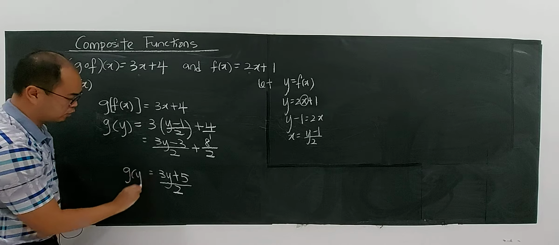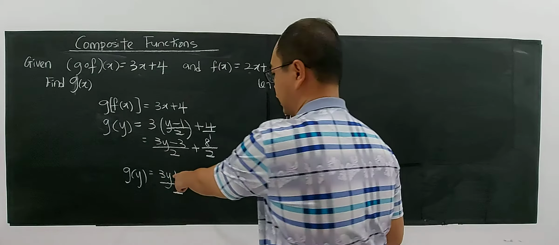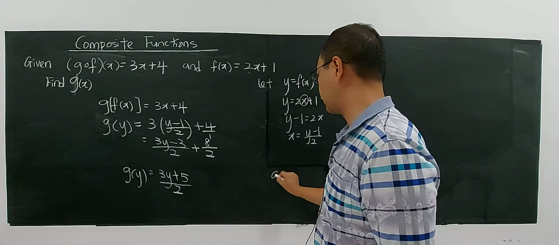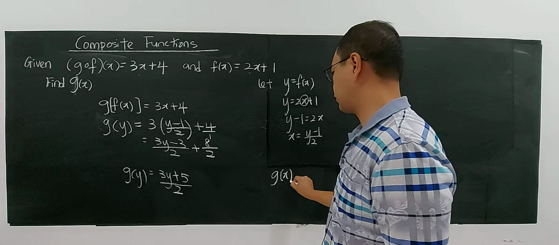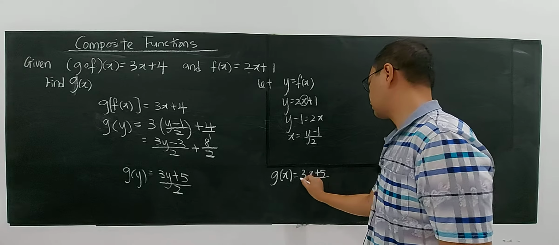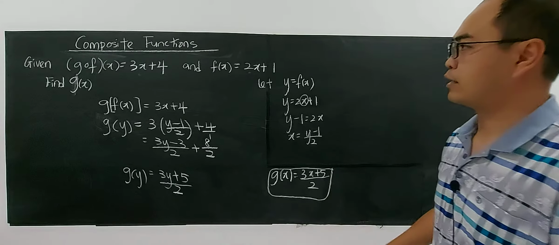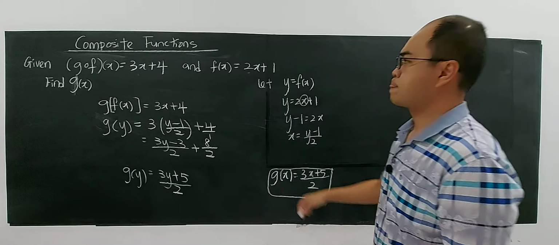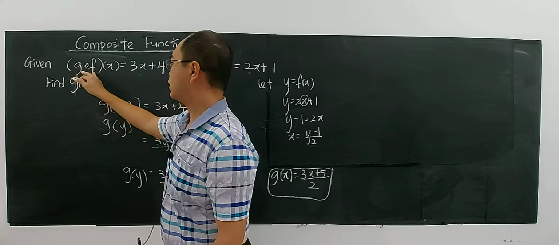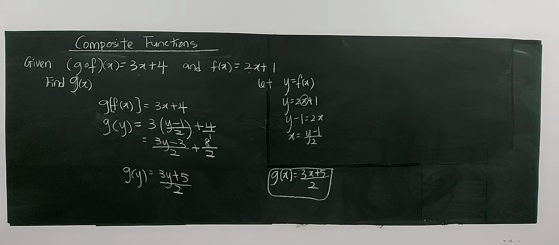So you have g(y) as a dummy variable. You replace y back with x, so you have (3x plus 5) over 2. This is the result, and this is a technique of finding the second function given the first function. Alright? Okay, we will look at another example.